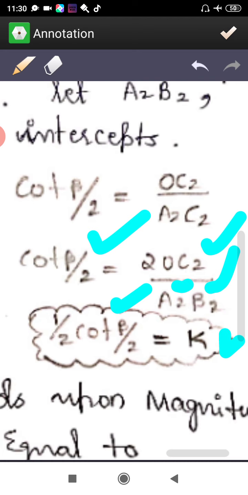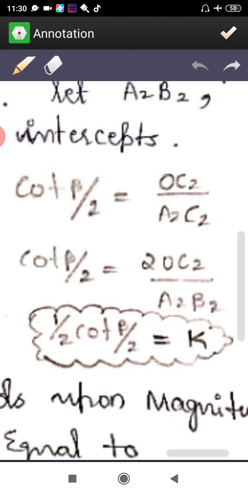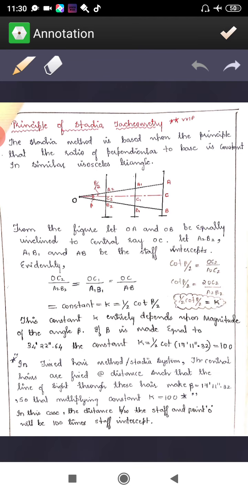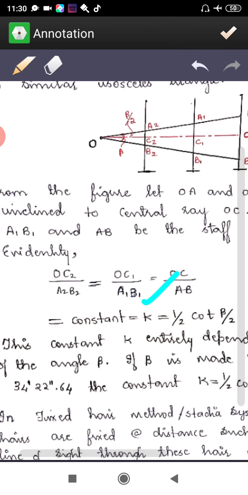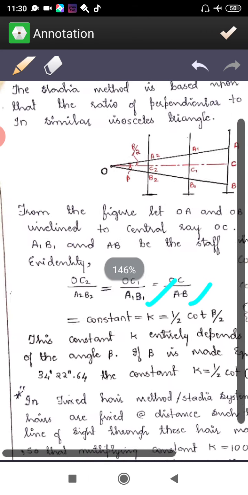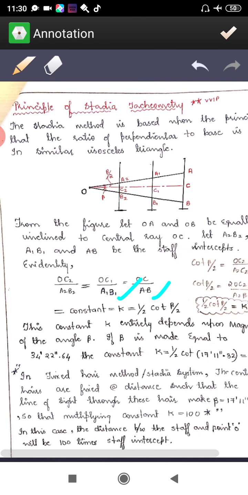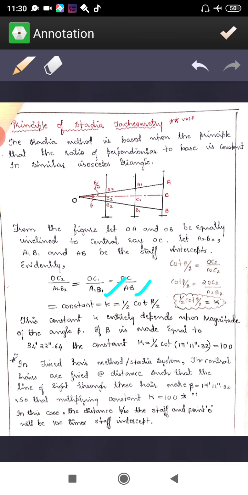Now how are we going to take this constant K? Constant K is half of cot beta by 2. Now this whole thing, as I said, if you are using the analytical lens, is going to be 100. How is K going to be 100? This constant K entirely depends on the magnitude of angle beta. If beta is made equal to 34 minutes 22 seconds 0.64, then K becomes 100, right?